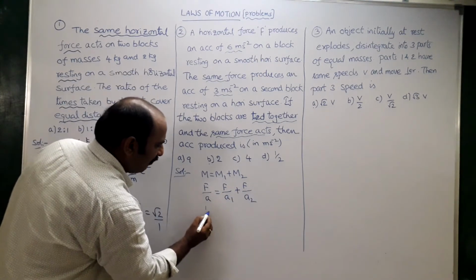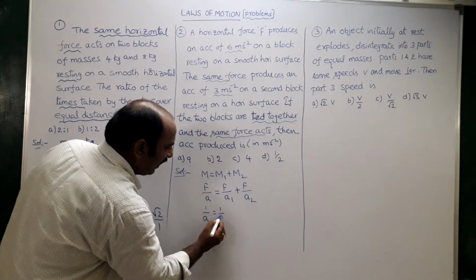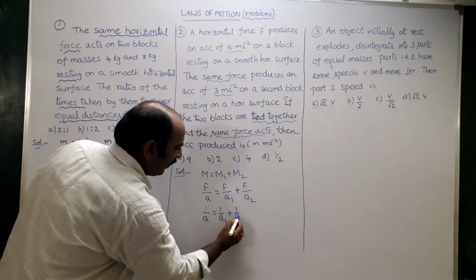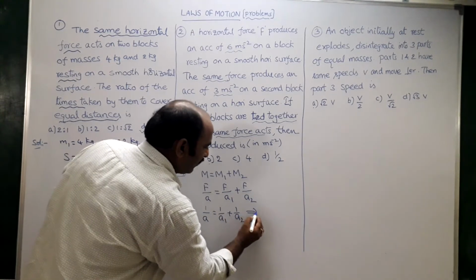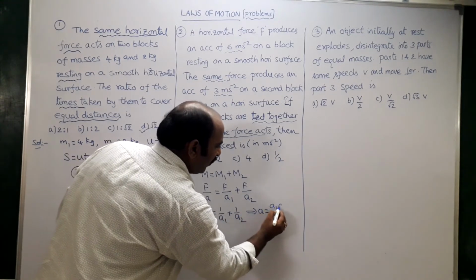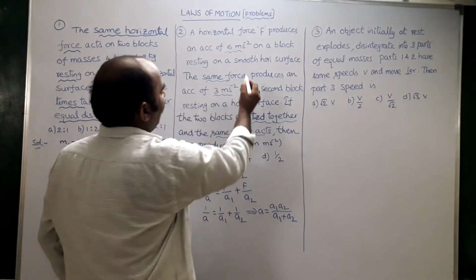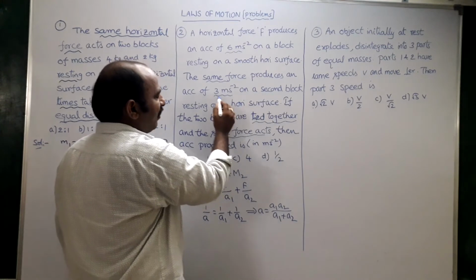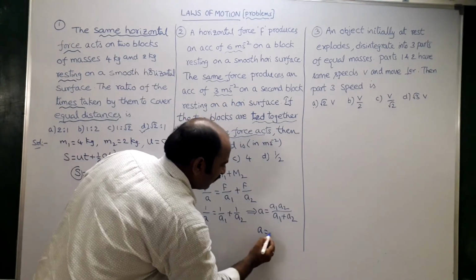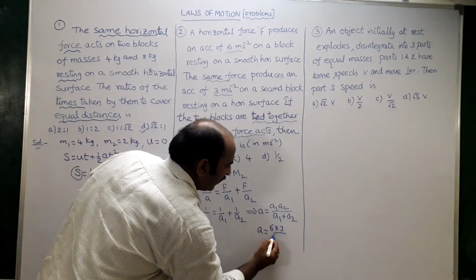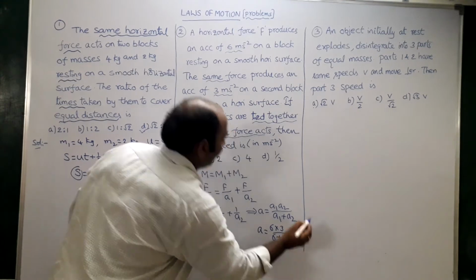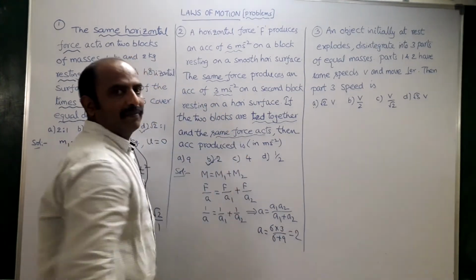Finally, we get 1 by a is equal to 1 by a1 plus 1 by a2. From this, write a is equal to a1 a2 by a1 plus a2. Put a1 value is 6, a2 value is 3. We get finally 6 into 3 by 6 plus 3 is equal to 2. So option B is correct.